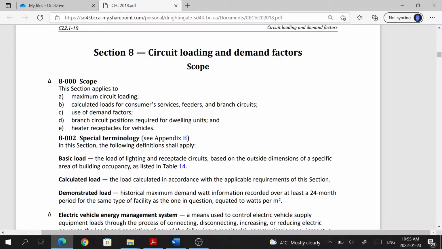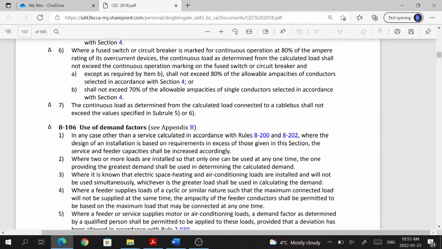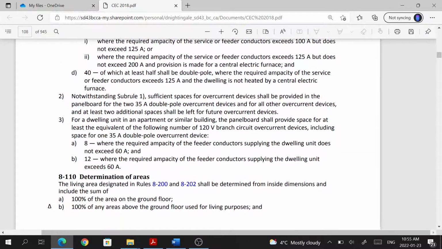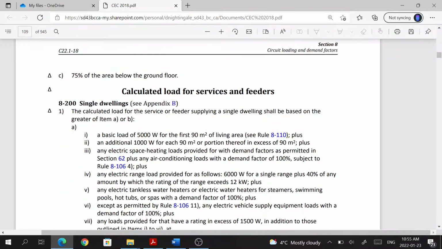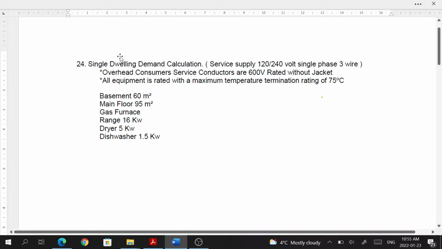So that's what Section 8 deals with, demand factors of certain things. And in particular, 8-200 is what we're going to be looking at, which deals with single dwellings. So homes and townhomes and stuff like that. All right. So we're going to tackle this question here, a single dwelling demand calculation.